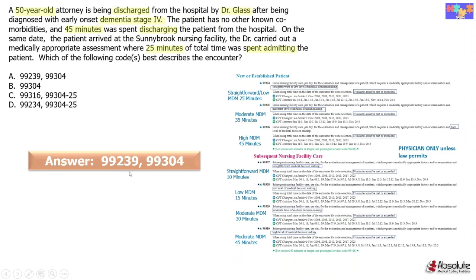That is coding for the discharge services, which is up to 45 minutes. And we are also coding for 99304, and that is going to be for the initial nursing facility care. Around 25 minutes must be met or exceeded. So the time is met here. So the correct answer, as most of you have said, is going to be option A, 99239 and 99304.